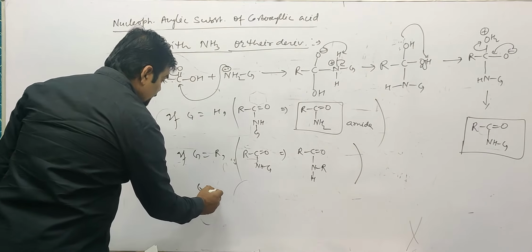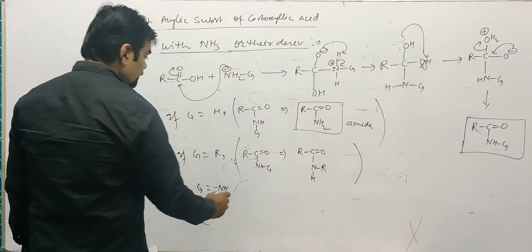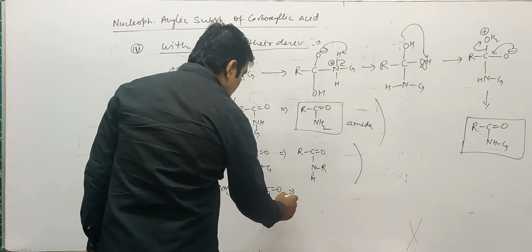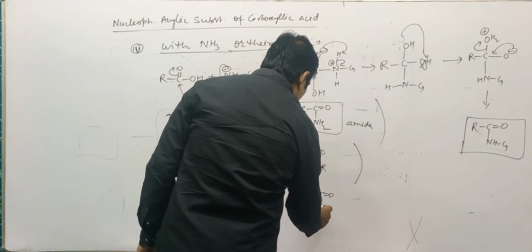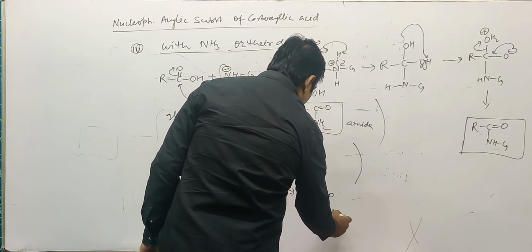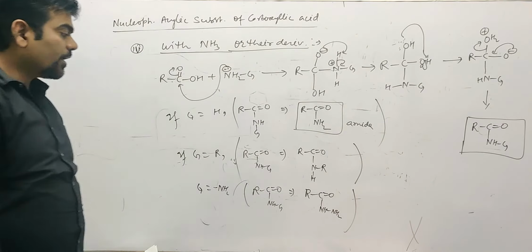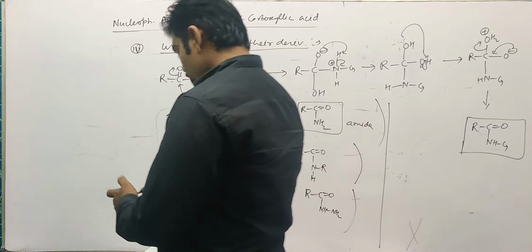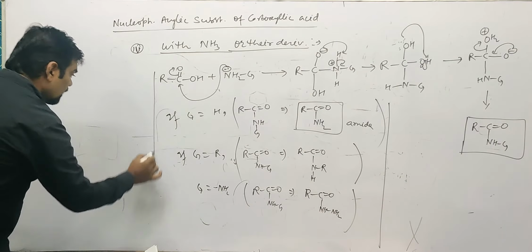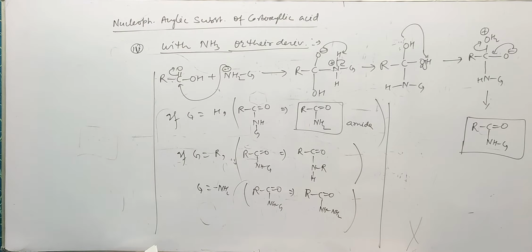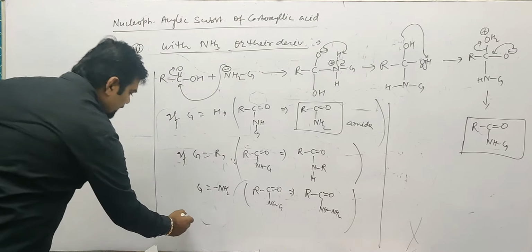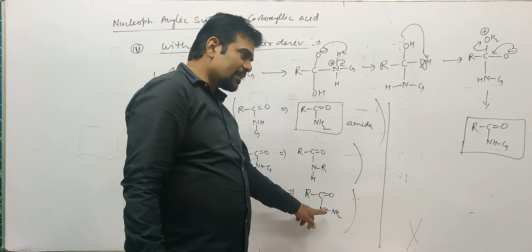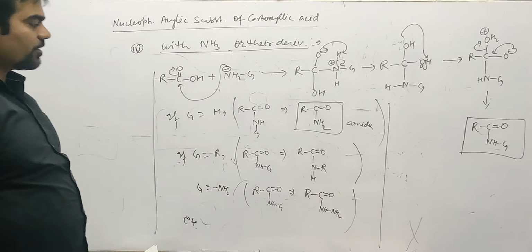If G is NH2, then RC double bond O NHG will become RC double bond O NHNH2. That is N-amino amide, a hydrazide. Okay, these will be the reactions with ammonia and its derivatives, and so on. If it is OH, this will become NHOH, that is hydroxylamide, N-hydroxy amide.